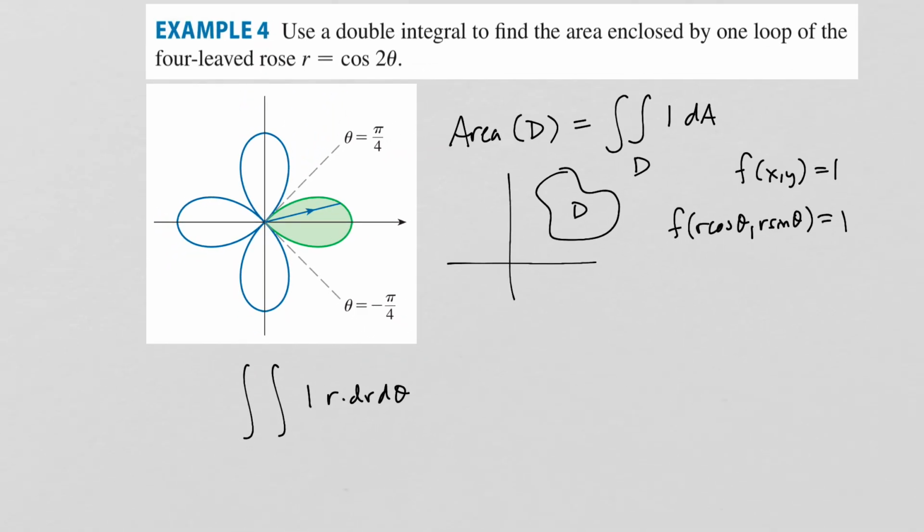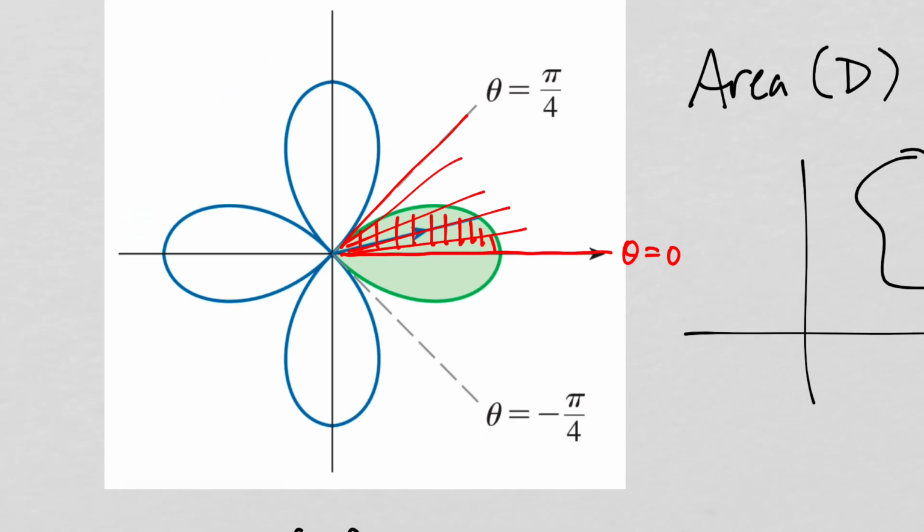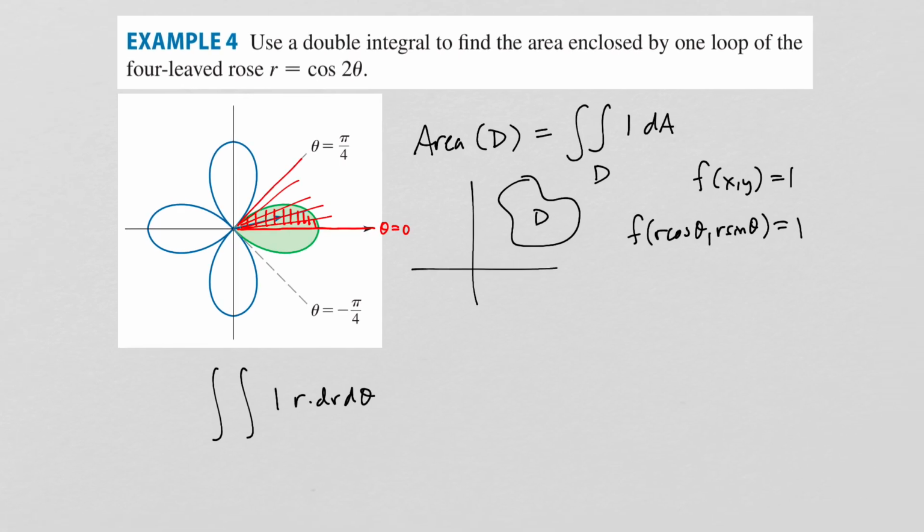So let's recognize that this domain, if we started at theta equals 0, we can take angles up to pi over 4, and that would give us this area. And we can see the symmetry. This area down here is equal to that area.